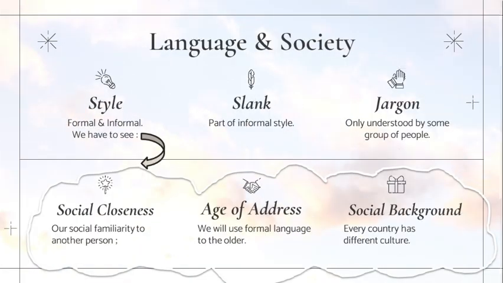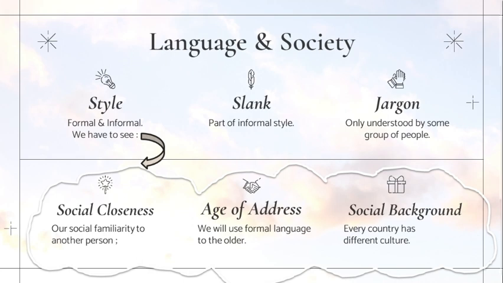Next in semantics is language and society. As you know, in the study of meaning, we may see the meaning contextually. Contextual meaning will be analyzed under pragmatics. There are three things that we need to know related to the social knowledge of our language. First, style.